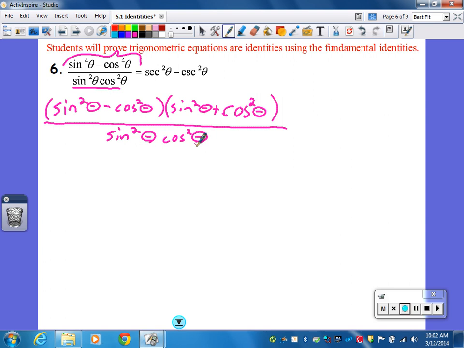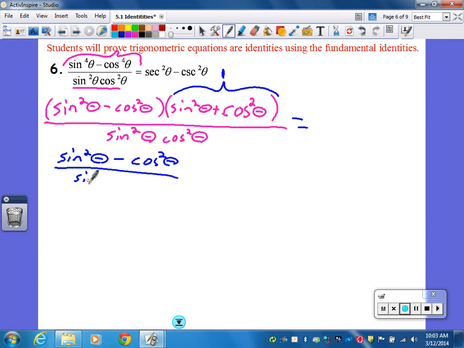Now, we know that this term by our identity is 1. Okay, so I'm going to rewrite everything since I know that's 1. My multiplicative identity, so that's going to be sine squared theta minus cosine squared theta, all over sine squared theta cosine squared theta.